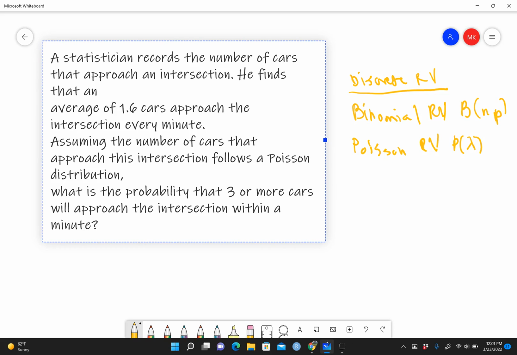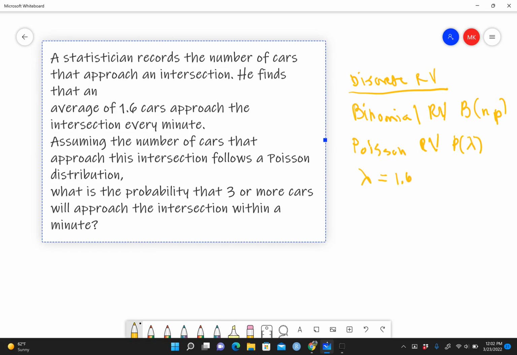Now, we use Greek letters because the Greeks contributed quite a bit to mathematics during Euclid's time. So that lambda is just going to indicate the average number of events that occur in your time interval. So in this case, they tell you that the average number is 1.6 cars, so your lambda in this case is going to be 1.6.